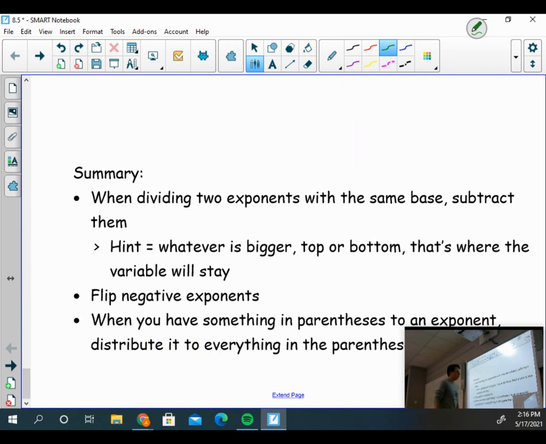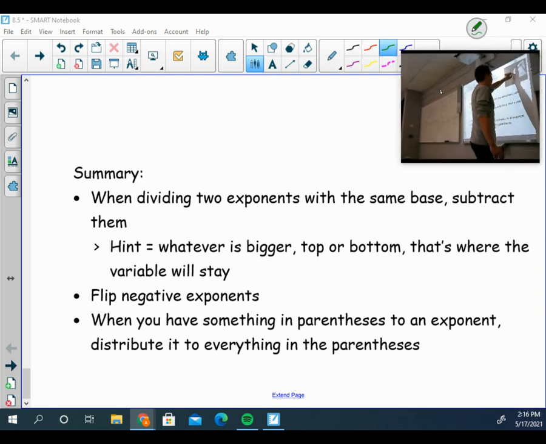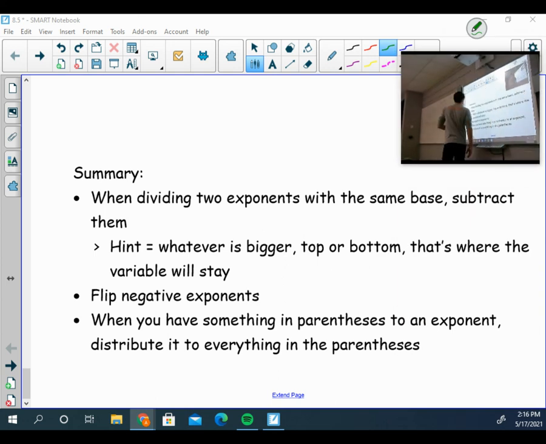To summarize all that we've been talking about, just to give you some hints as you go forth and solve the homework practice problems: when you divide 2 exponents with the same base, you subtract them. Just like when we have like bases multiplied, you add them.